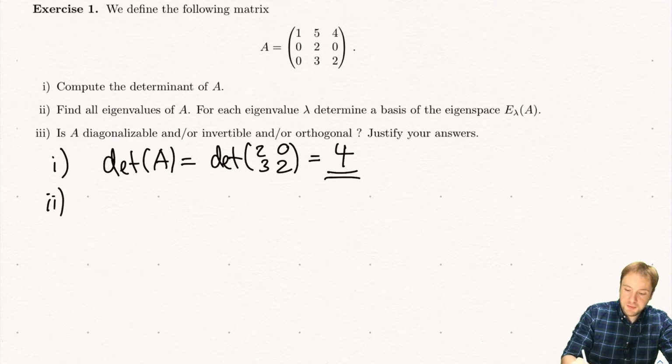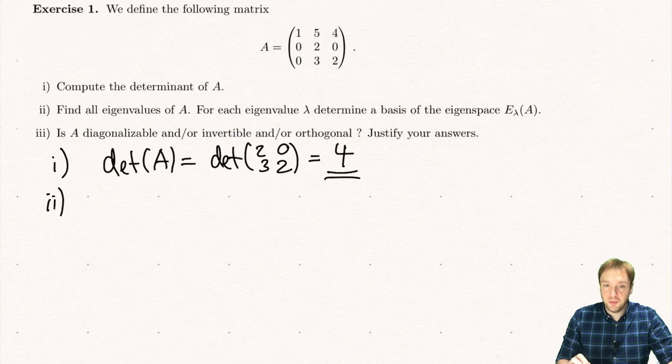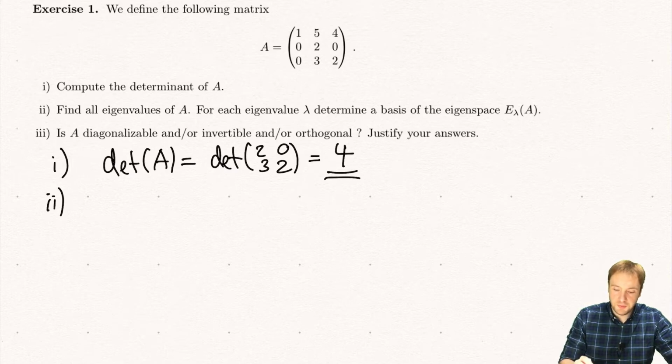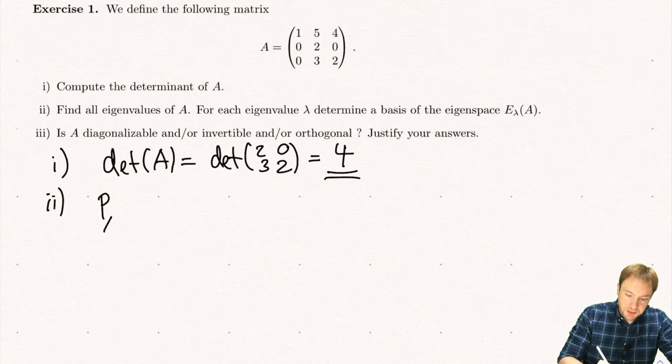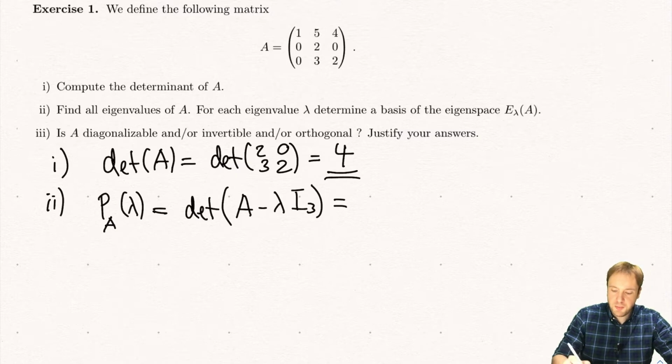And the second exercise is: find all eigenvalues of A, and then for each eigenvalue, calculate the eigenspace. To calculate the eigenvalues, we need to consider the characteristic polynomial of this matrix, which we denoted by P_A of lambda. This is a polynomial in lambda, defined by the determinant of A minus lambda times the identity matrix. In this case it is the 3×3 identity matrix.